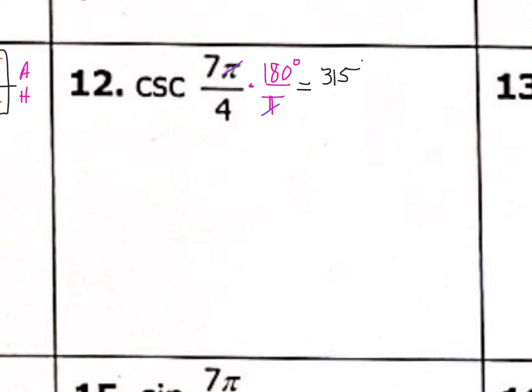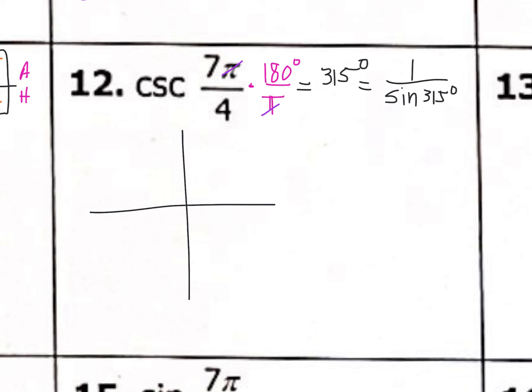So we're really looking at the cosecant of 315 degrees, which is equal to 1 over, cosecant is a reciprocal function to sine, so it's 1 over the sine of 315 degrees. Well, 315 degrees is in quadrant 4.